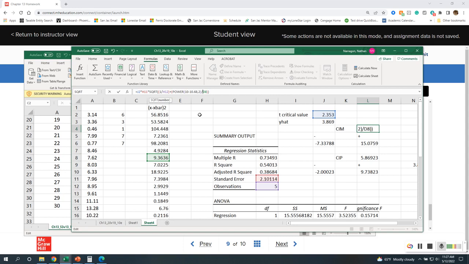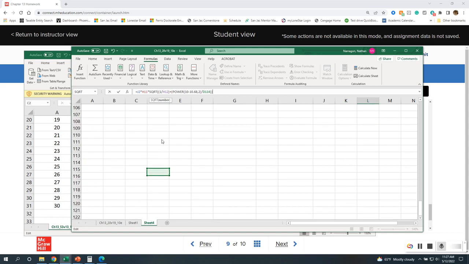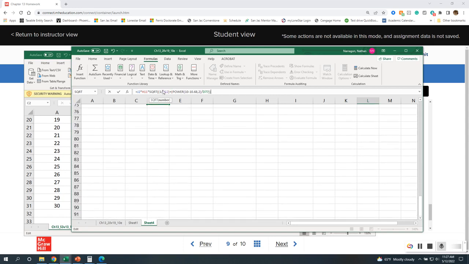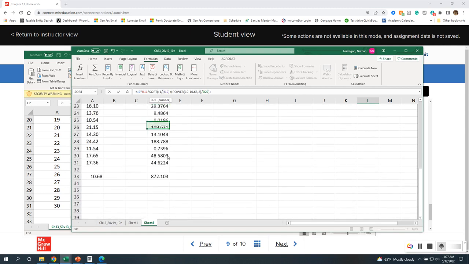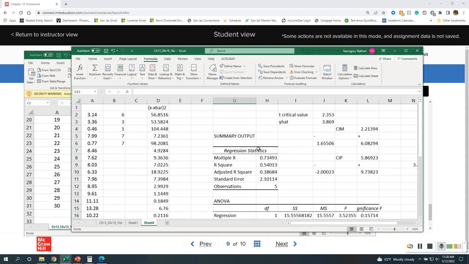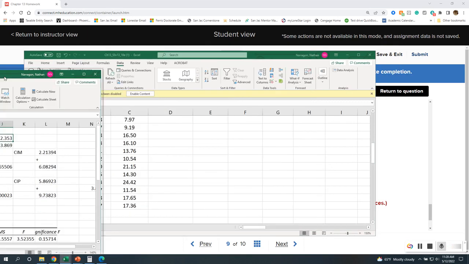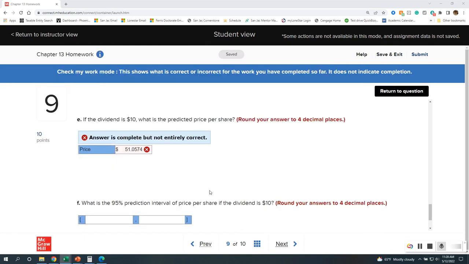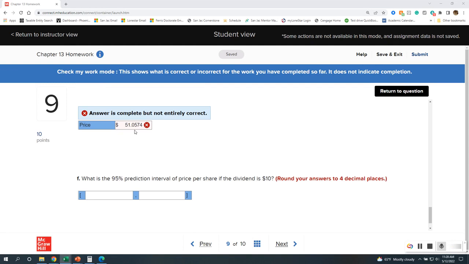And now D8 is no longer there. It's all the way down here. There we go. So all I did was modify the formula, because since I already had it basically calculated right here, now all we need to do is put in our information. Now, I will already tell you, this is going to be wrong for me, because this is my y-hat. It's already off. But I'm going to go ahead and calculate it anyway.